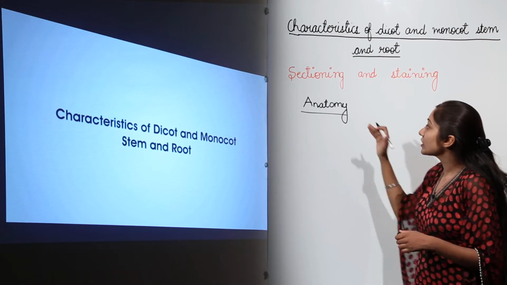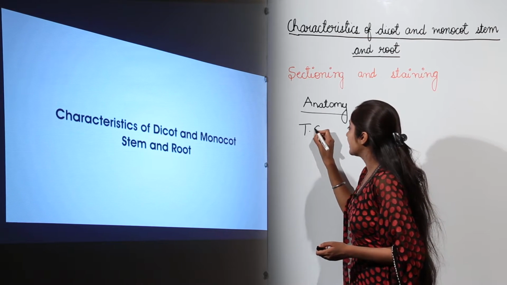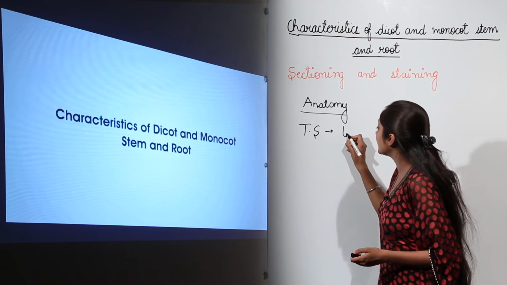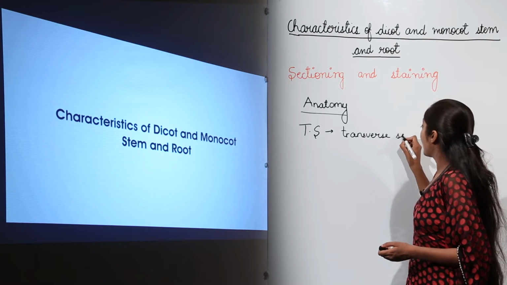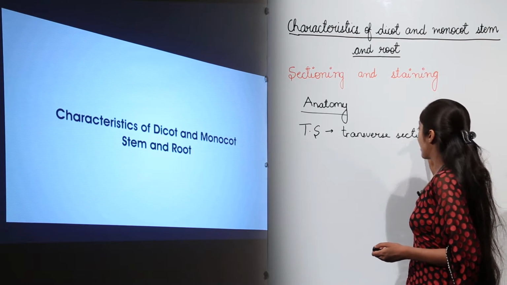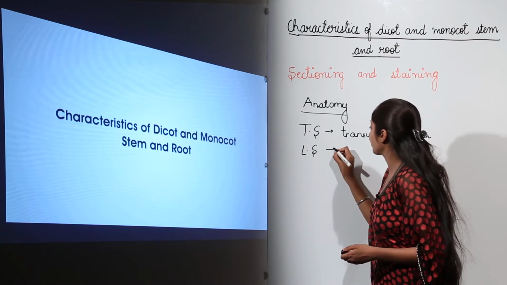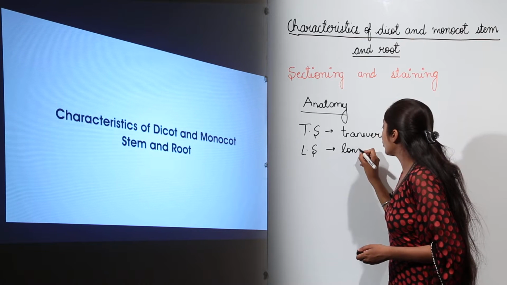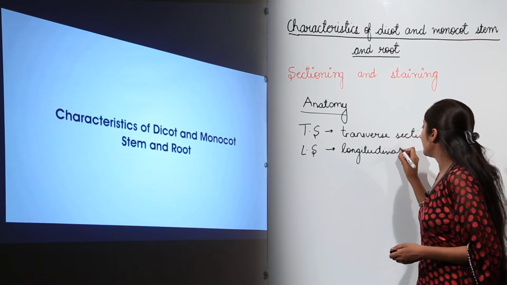So we have two types of sections that we can have. One is the TS. TS means a transverse section. And we also have LS, that is a longitudinal section. So what is the difference between the two?